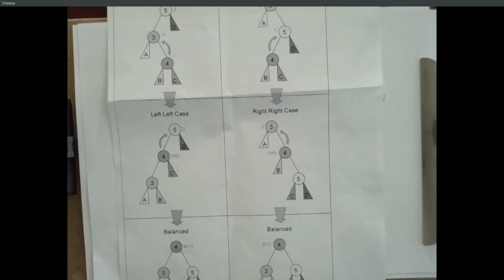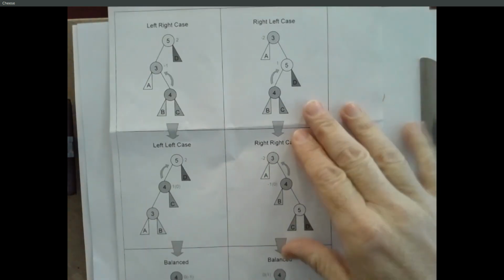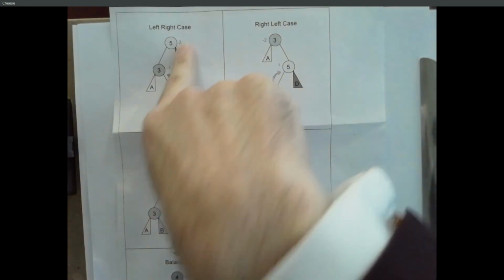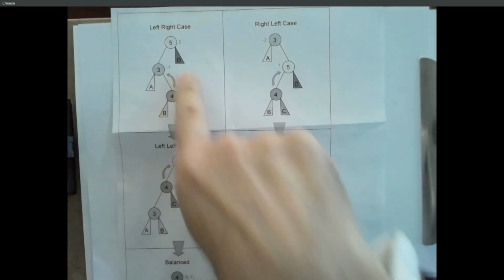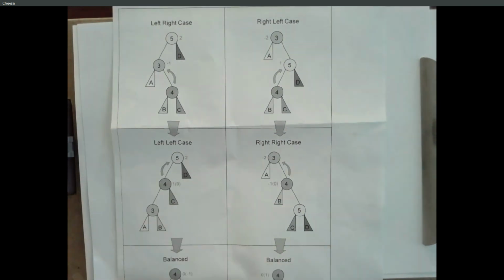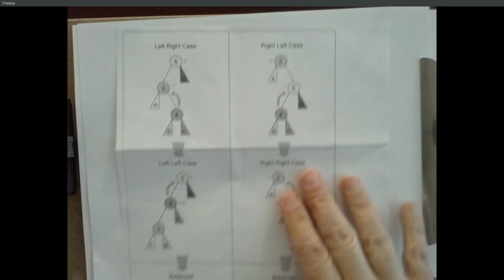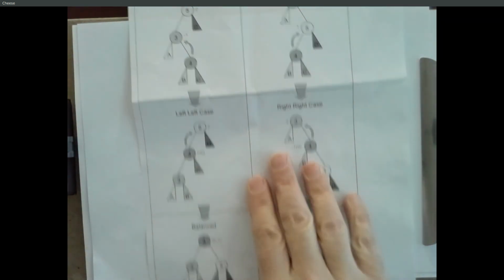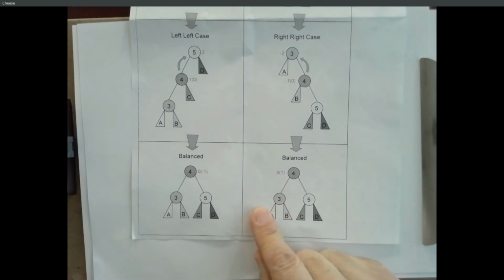It's a matter of taking your tree, inserting a node, and calculating the balance factors. If you find a 2 or a -2, see which of these cases you're in. Identify your nodes and your subtrees, and then just redraw your tree to match the corresponding picture you're trying to change to. If it's a left-right or right-left, you do that once to come into a left-left or right-right, and then you do that again to get it balanced.